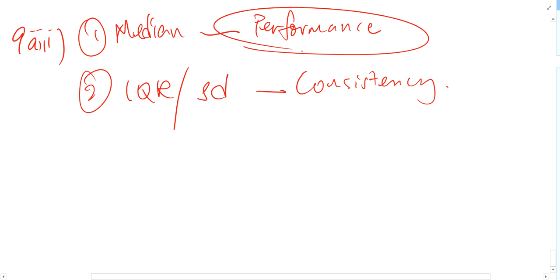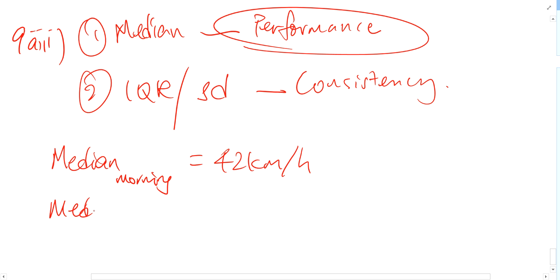You see, median for morning equals to 9A part 1 part A. The answer is 42 kilometers per hour. Median for afternoon equals to how much? 40.